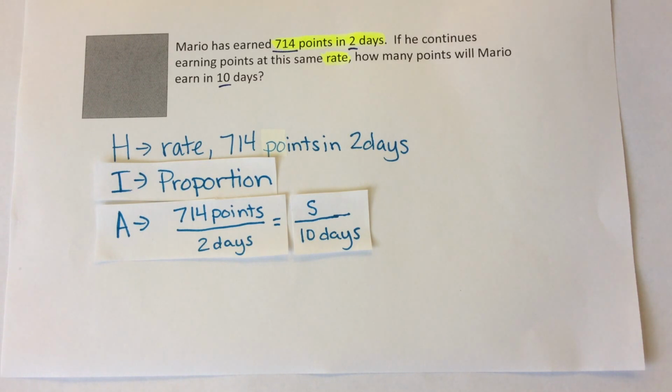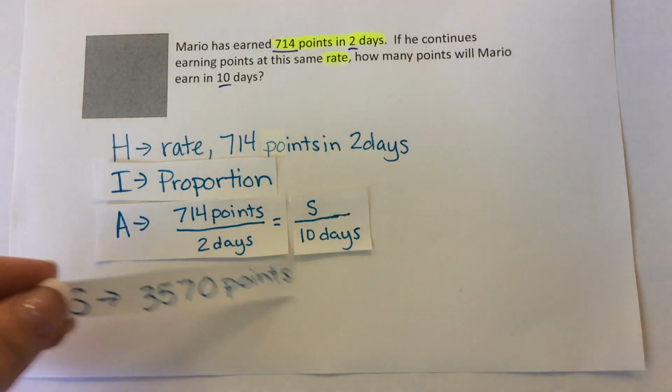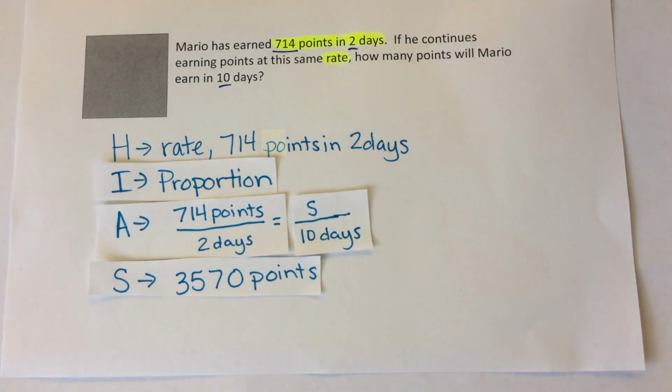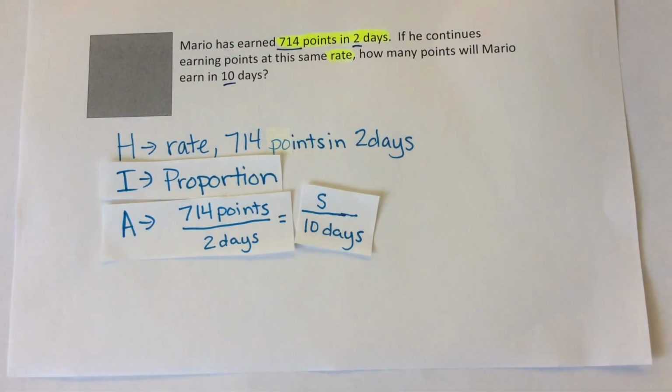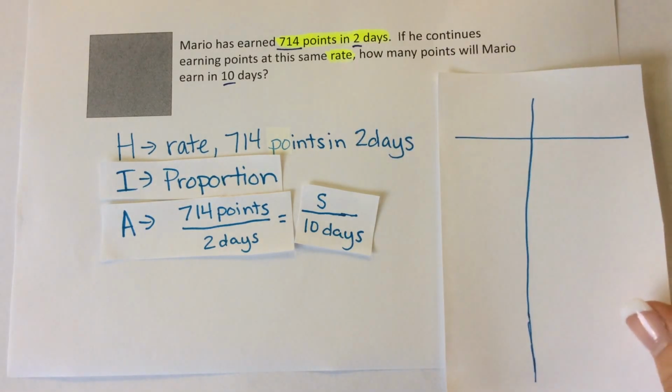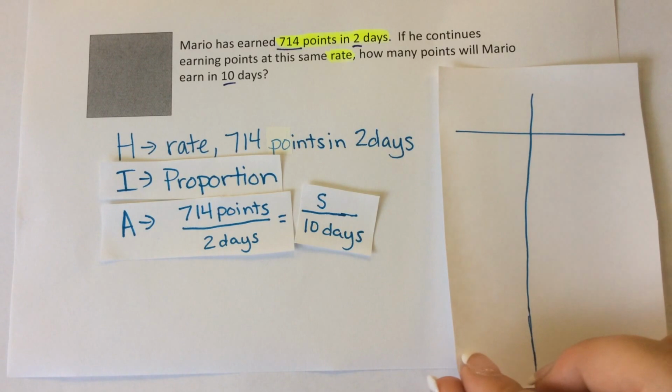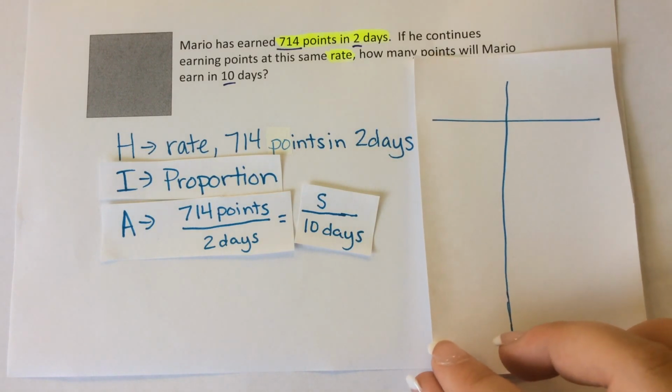My variable s is going to go on top in my numerator, and that s is going to represent the solution for how many points Mario will earn in 10 days. Now, for my solution, we can solve using a table, using equivalent fractions, or cross products.